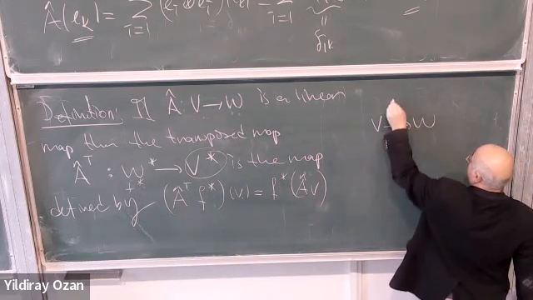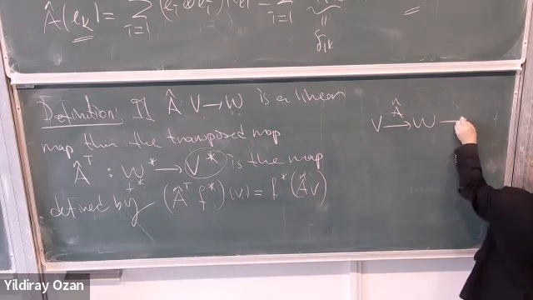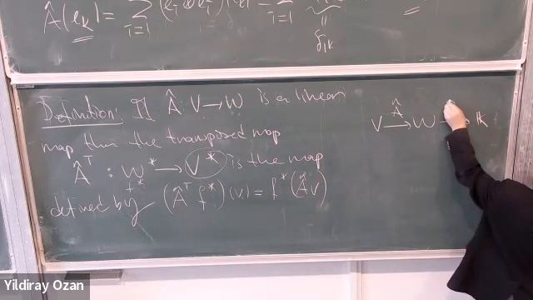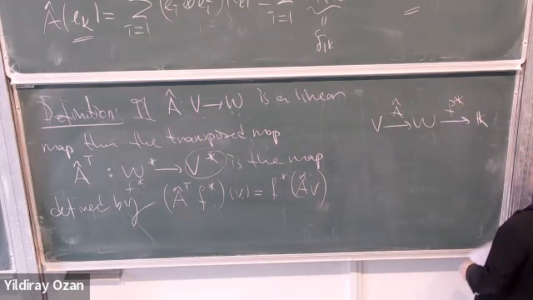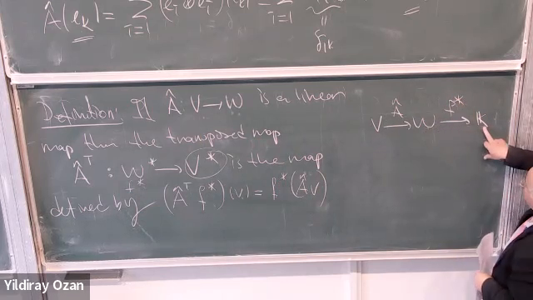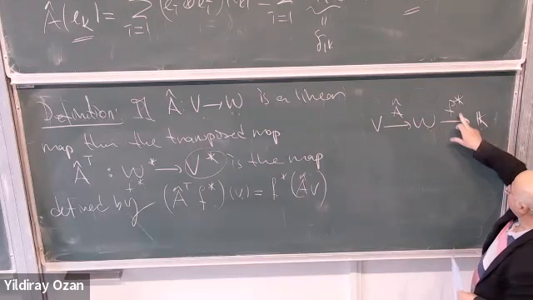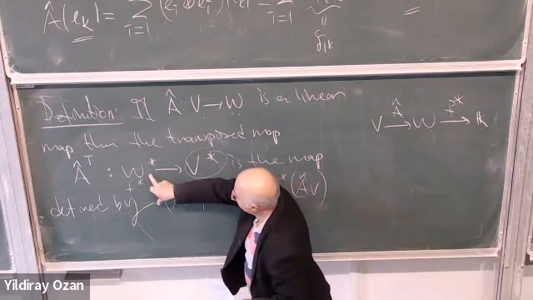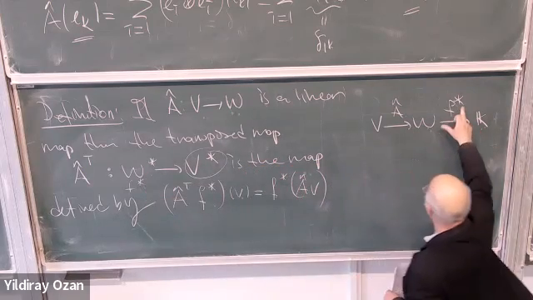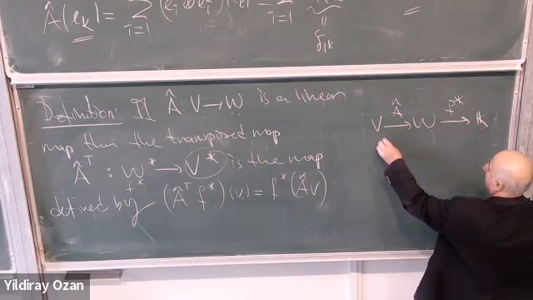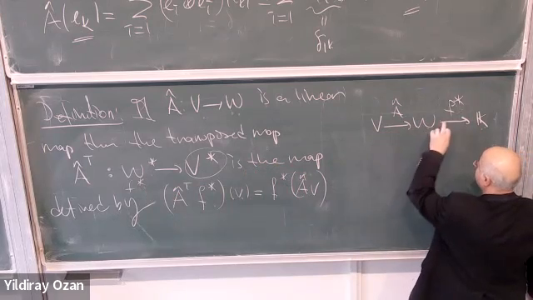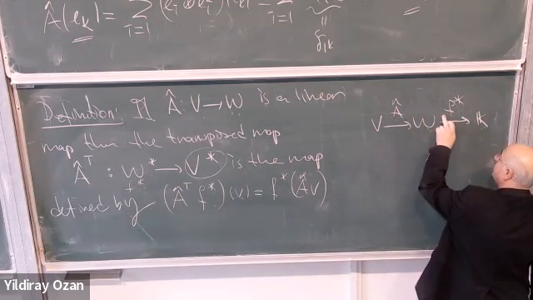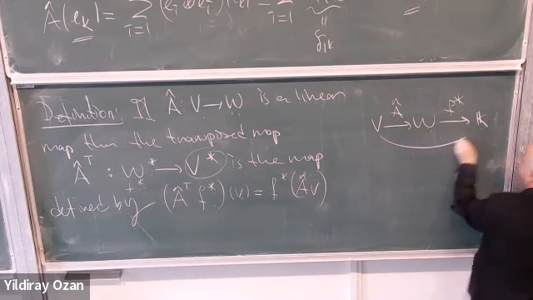This is the linear map, and whenever you give me a linear map from W to K, so this is an element of W star, then I consider this composition. This map is linear, this map is linear, the composition is linear.